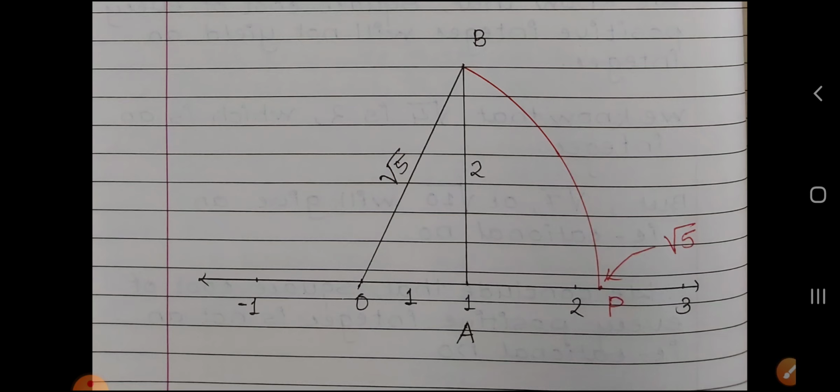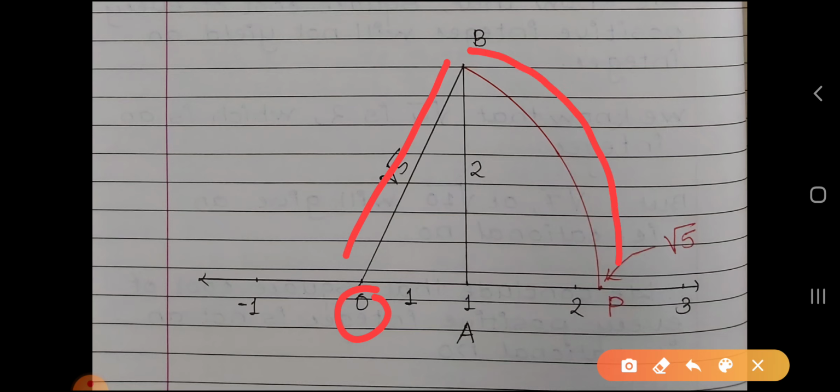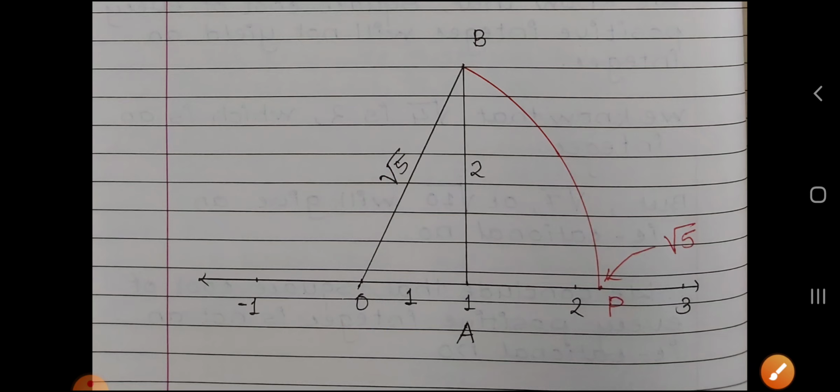Next, using a compass, with center O and radius OB, draw an arc which intersects the number line at point P, and this P corresponds to square root of 5.